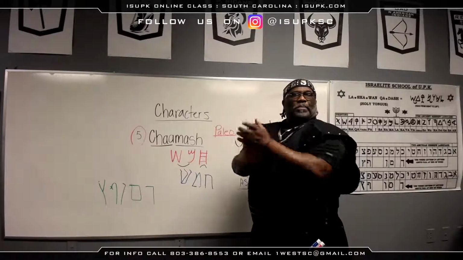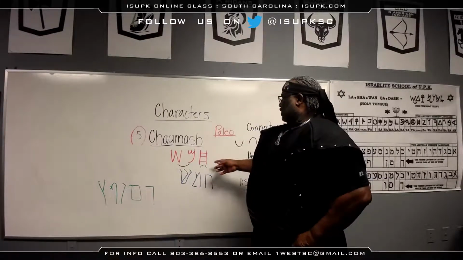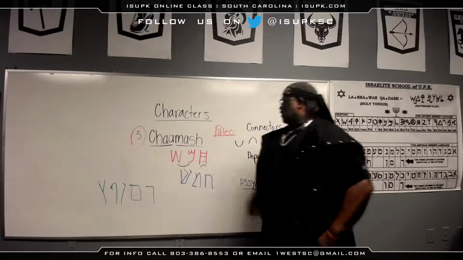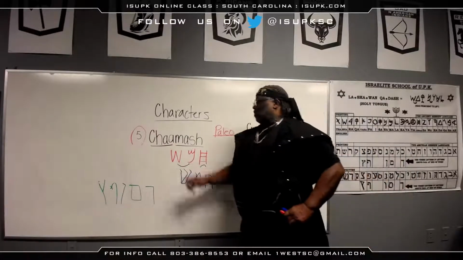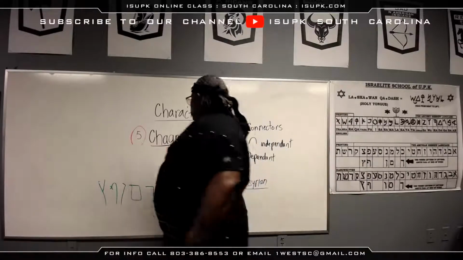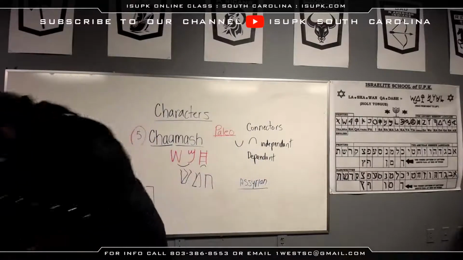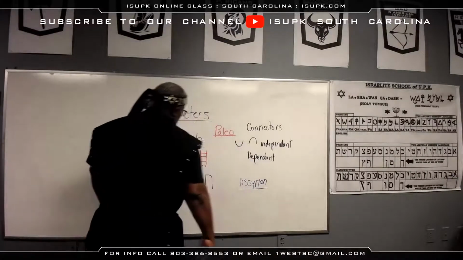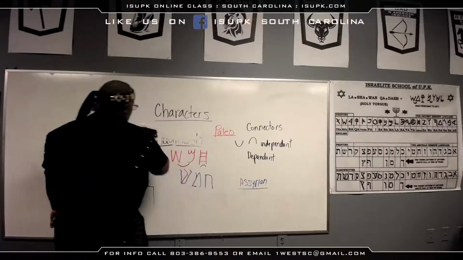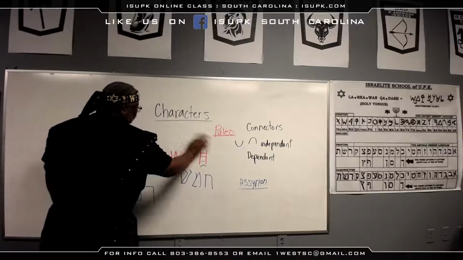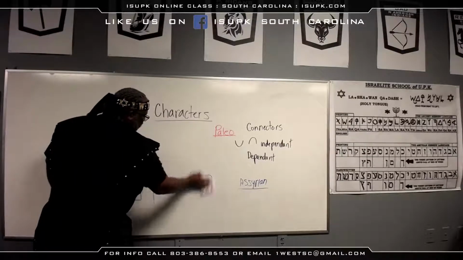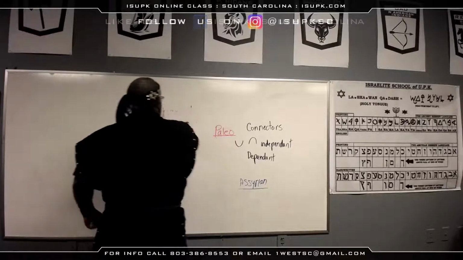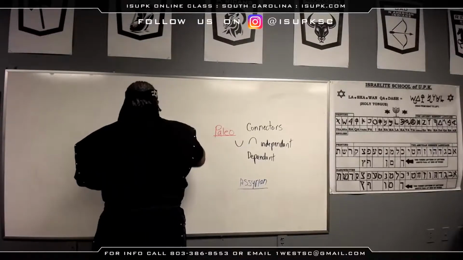Exactly right. And he puts it down. Ka, independent connector. Then you have Mash. Okay? That's how you learn. These are people who want to learn their Hebrew. They pay attention to class.